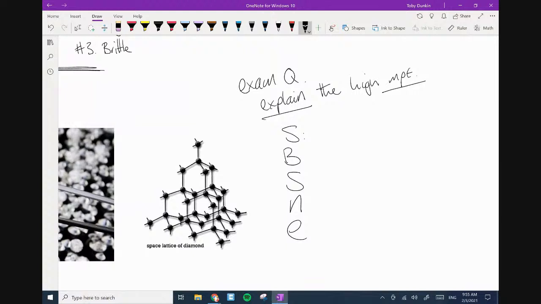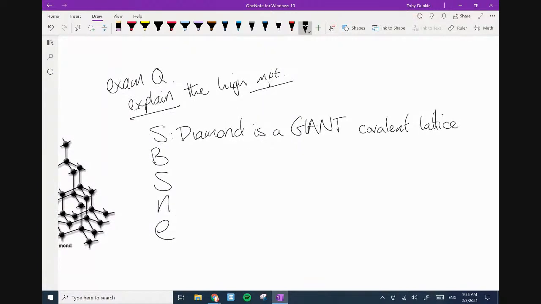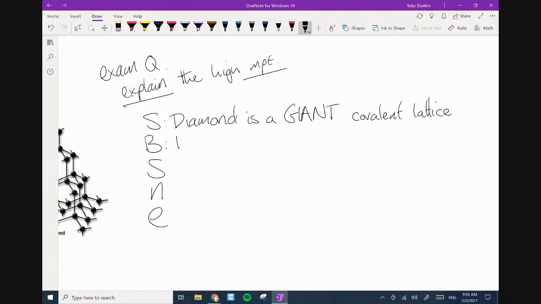Diamond is a giant covalent lattice. Bonds between carbon atoms are only covalent bonds.